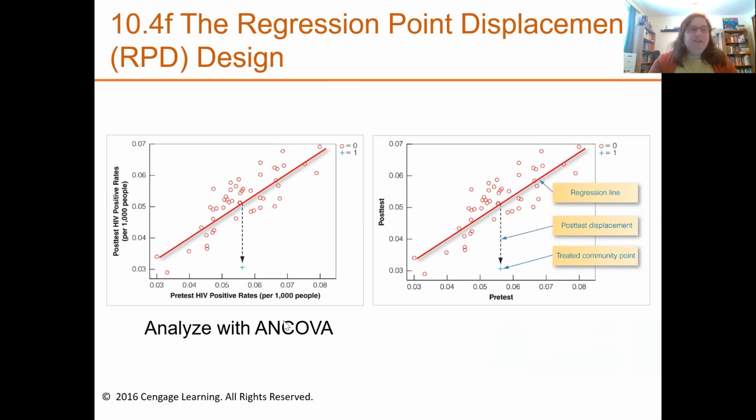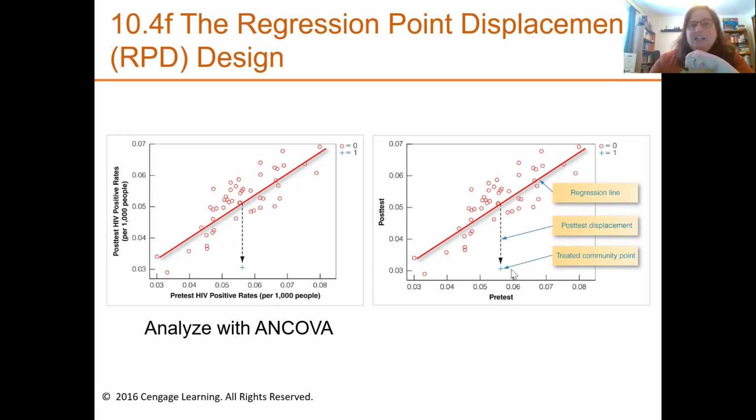And we can look at some analysis. It's usually analyzed with an ANCOVA. Okay, so here we're looking at HIV rates. So let's assume we did some kind of community intervention. Again, an educational intervention. Here's our regression line.